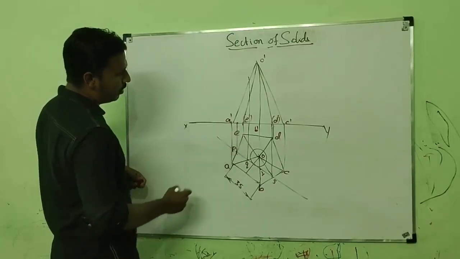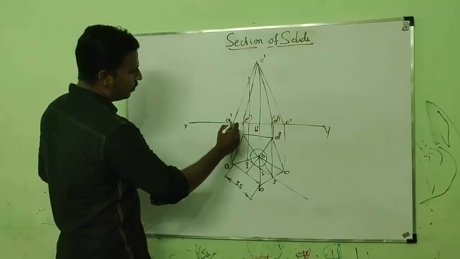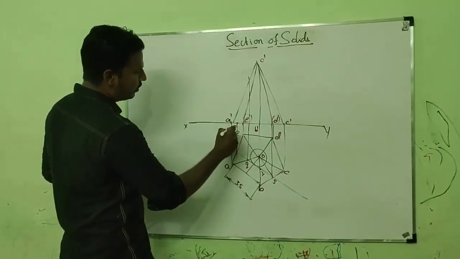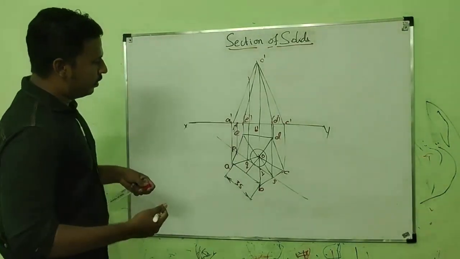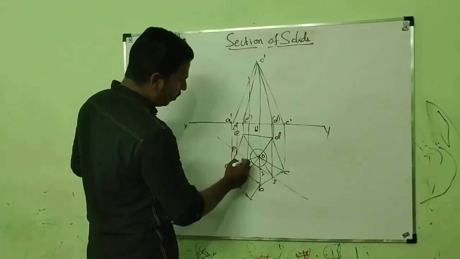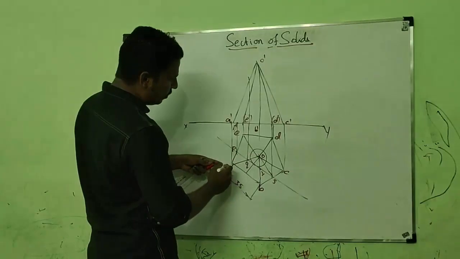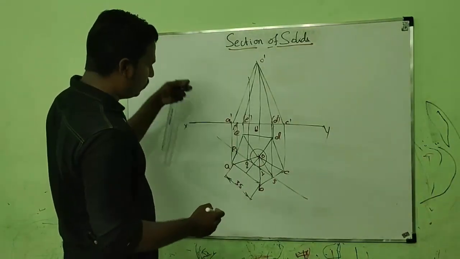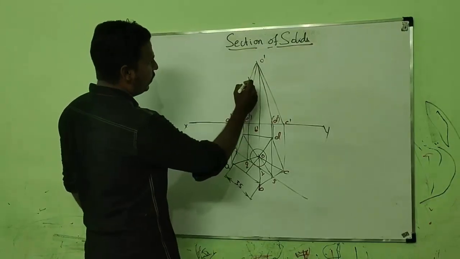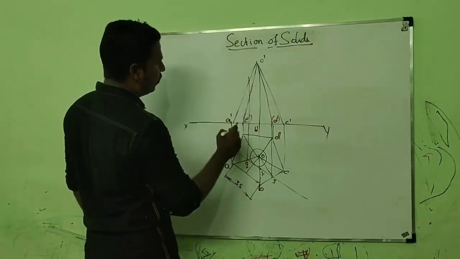This is the point, this is the edge AE, so here is the point P1, P dash. Then the point Q is in the lateral edge, that is OA. So OA is here, so the point cuts here. This is the cut point.